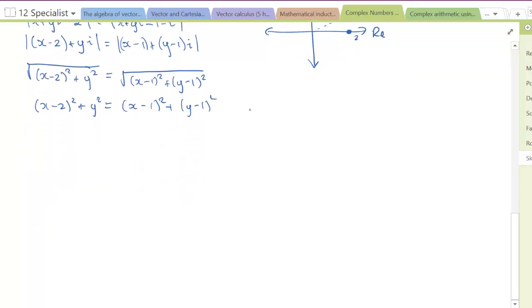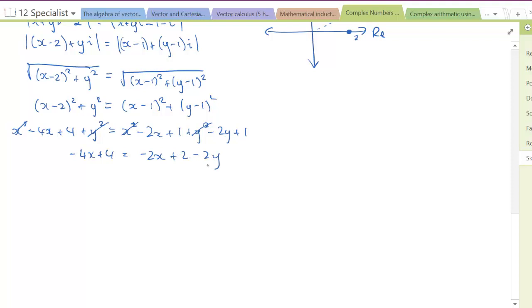So we'll have to expand out these brackets. We've got x squared minus 4x plus 4 plus y squared, equals x squared minus 2x plus 1 plus y squared minus 2y plus 1. Now x squared is on both sides and y squared is on both sides, so we're left with negative 4x plus 4 is equal to negative 2x plus 2 minus 2y.